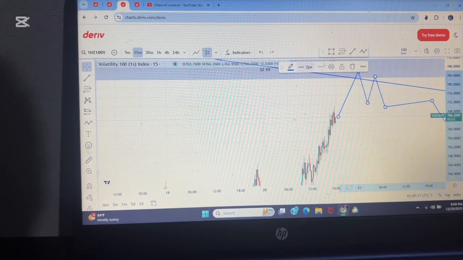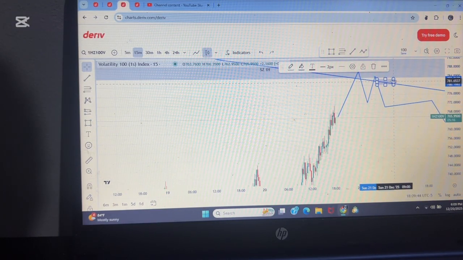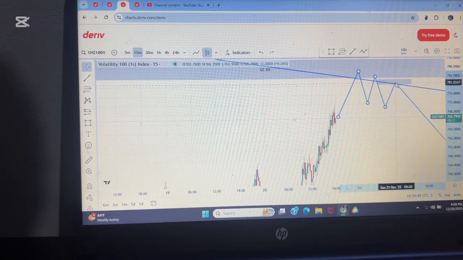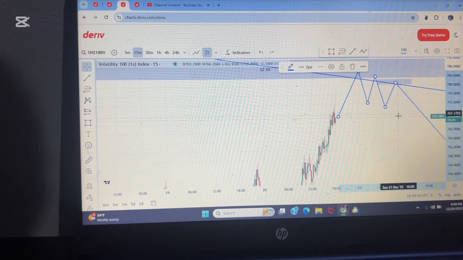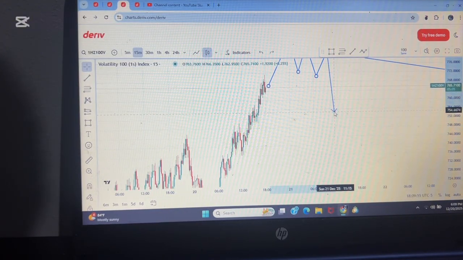By that time you get a zone right there, either on a 15-minute or a 5-minute. Then you want price to come back and retest the zone, then you enter, and then you can get a risk to reward based off what you want.